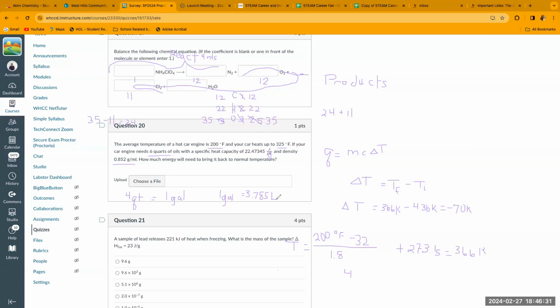And how many milliliters will equal a liter? Okay, that's right. 1,000 milliliters will equal a liter.